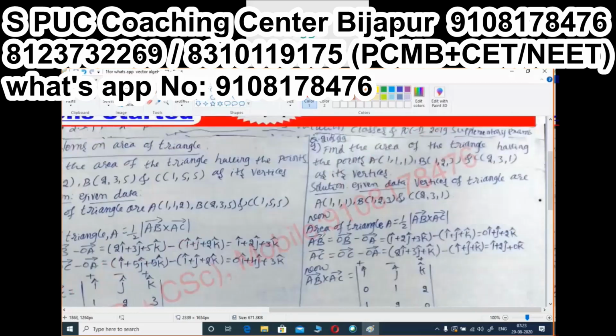Let us see the second problem on the area of a triangle itself. Find the area of the triangle having the points: A point is given as 1 1 1, next B point is given as 1 2 3, next C point is given as 2 3 1 as its vertices.